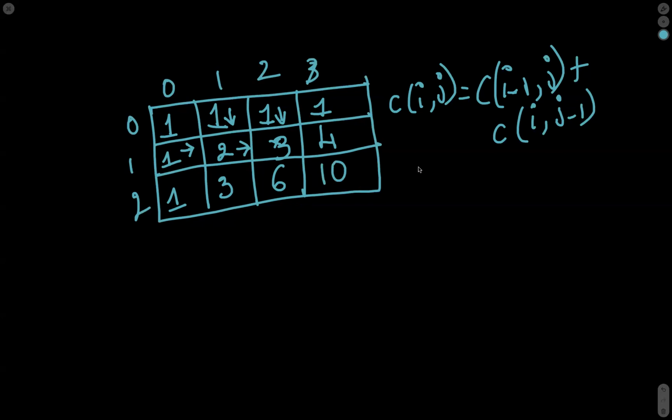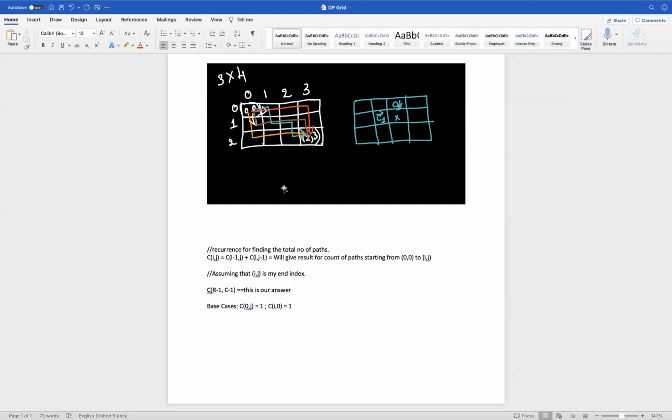So the total number of paths from cell 0,0 to the end cell 2,3 would be 10. 10 is our answer. This is how we can dynamically solve these problems by writing a recurrence formula and visualizing the base cases, so that we can find the solution for these kinds of problems.